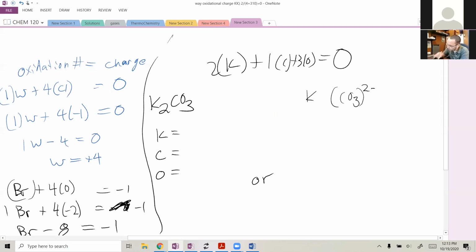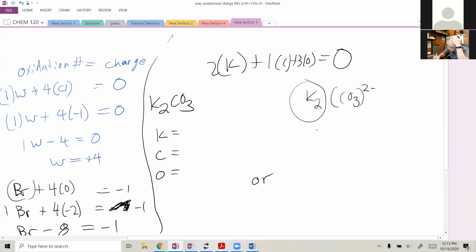And so if that carbonate is a -2, and we have 2 of those potassium ions balancing it out, what should the charge of our potassium be? So each individual atom of that potassium, not all of them together, should be a +1.